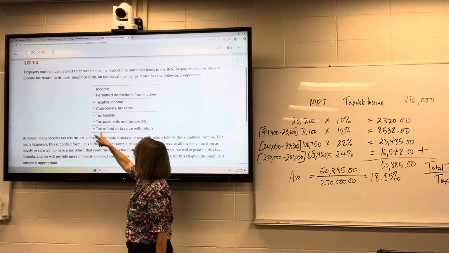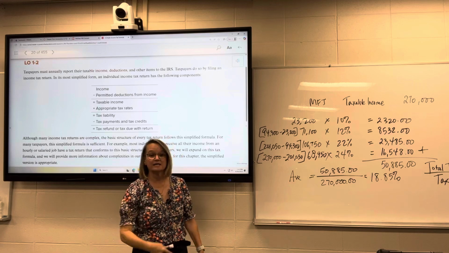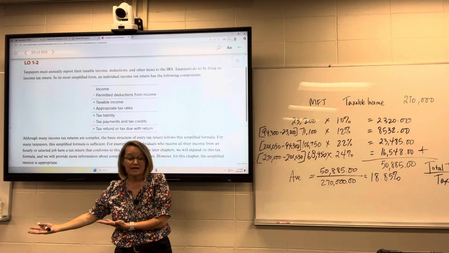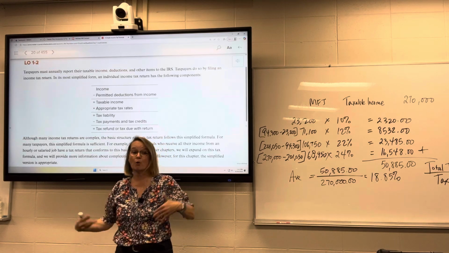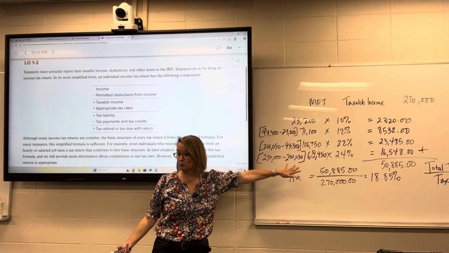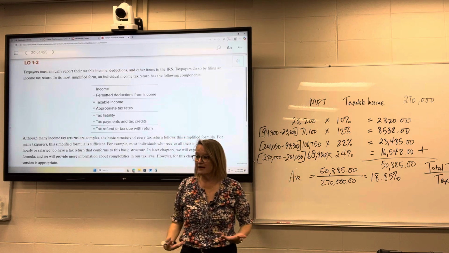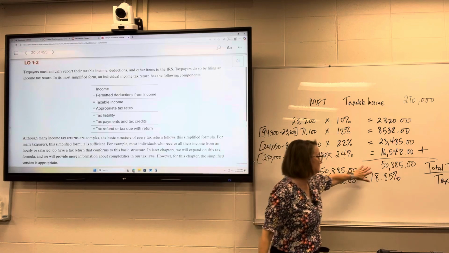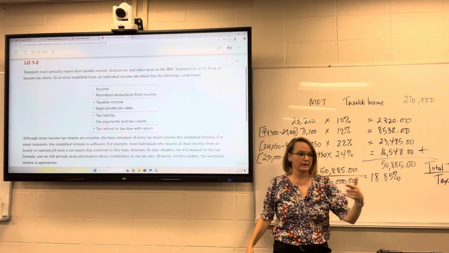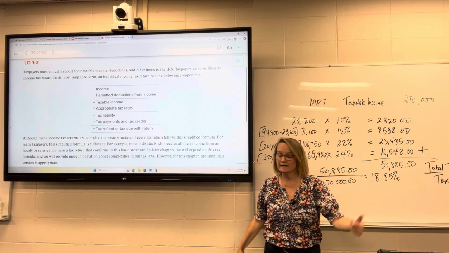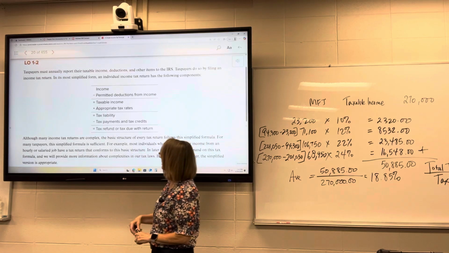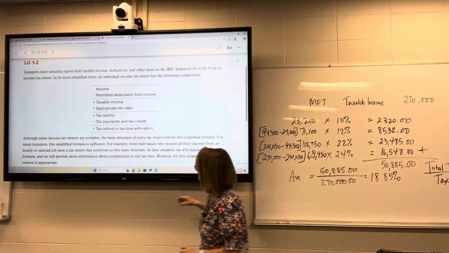What we get at the end is either a tax refund, if our prepayments and credits were more than what we owe, then we're going to get a refund. If our prepayments and credits were not more than what we owe, we're going to owe more money. Okay? Then we're going to arrive at our tax due.